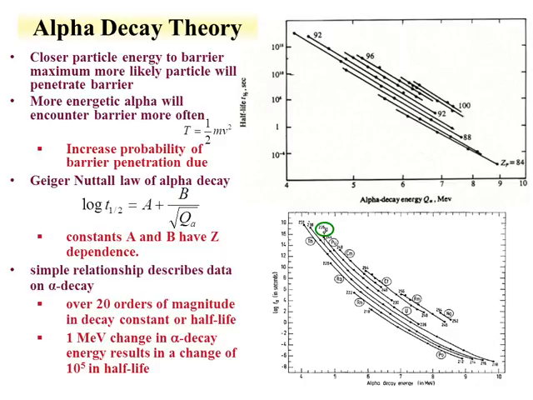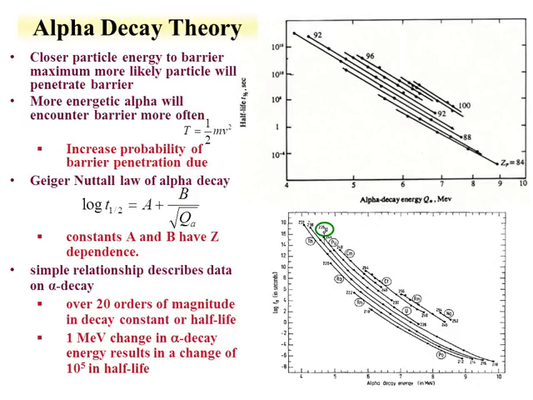So one of the manifestations of this model we just discussed is that the closer the particle energy is to the barrier, the more likely the particle will penetrate that barrier. Also, a more energetic alpha particle will encounter the barrier more often. If we think about the kinetic energy, the mass would be the same, velocity would be greater for a more energetic particle.